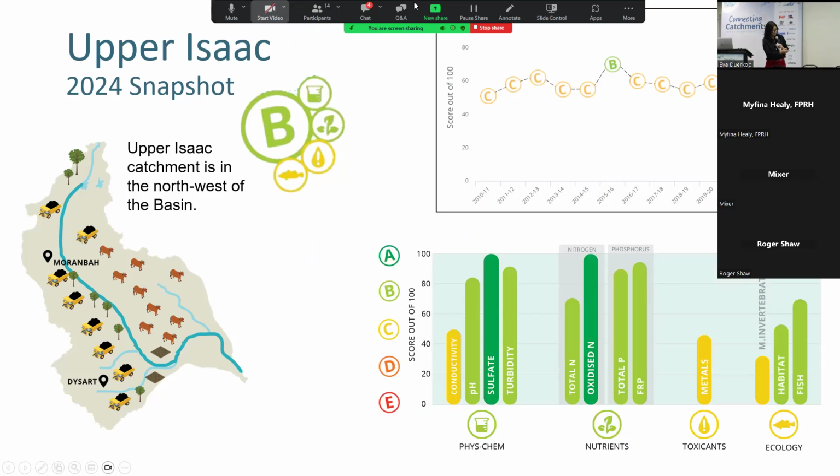And then when you look again at the breakdown for that, once again, there are some issues here with toxicants, once again with the macros, and here in terms of conductivity for Isaac.